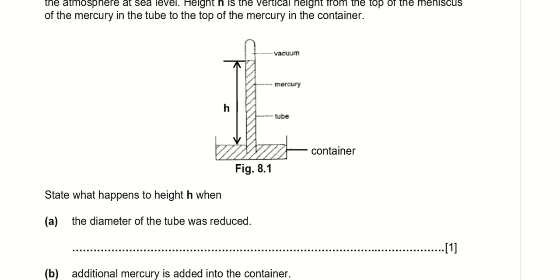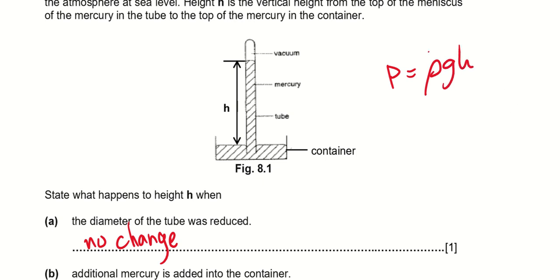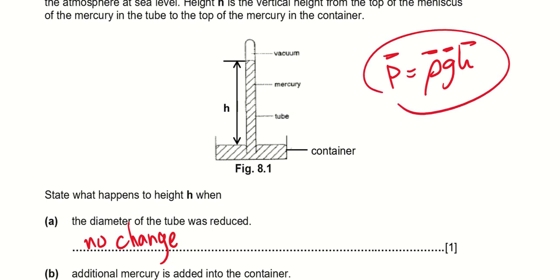It should be no change because it doesn't matter what the cross-sectional area is. Pressure equals rho gh. So the density no change, g no change, and the atmospheric pressure doesn't change, so the height doesn't change. The diameter of the tube or cross-sectional area is not in this formula, so it doesn't have any effect.